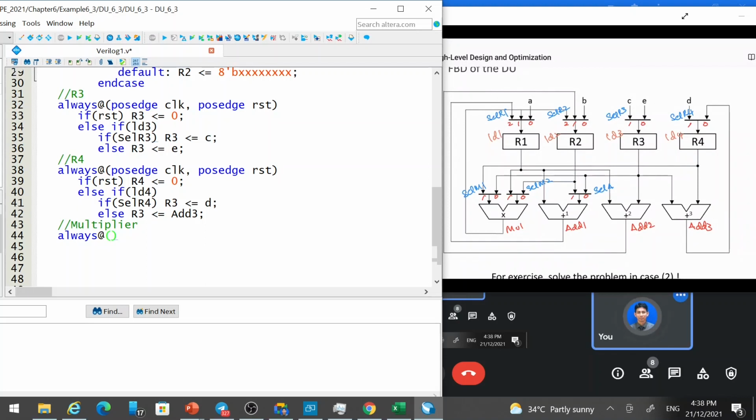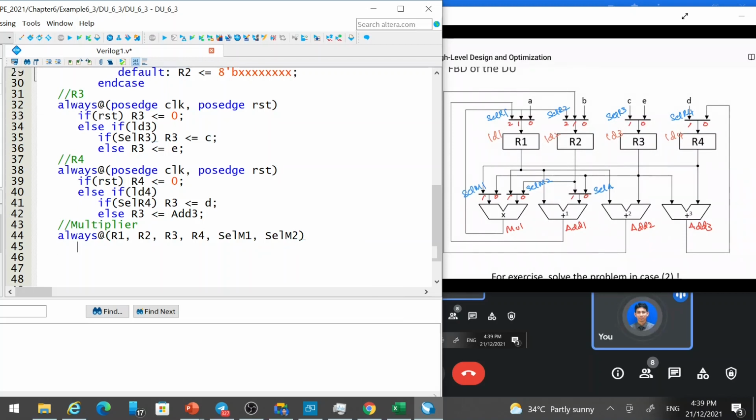So we have all of the possibilities here. For the sensitivity list: R1, R2, R3, R4, SEL M1, and SEL M2.